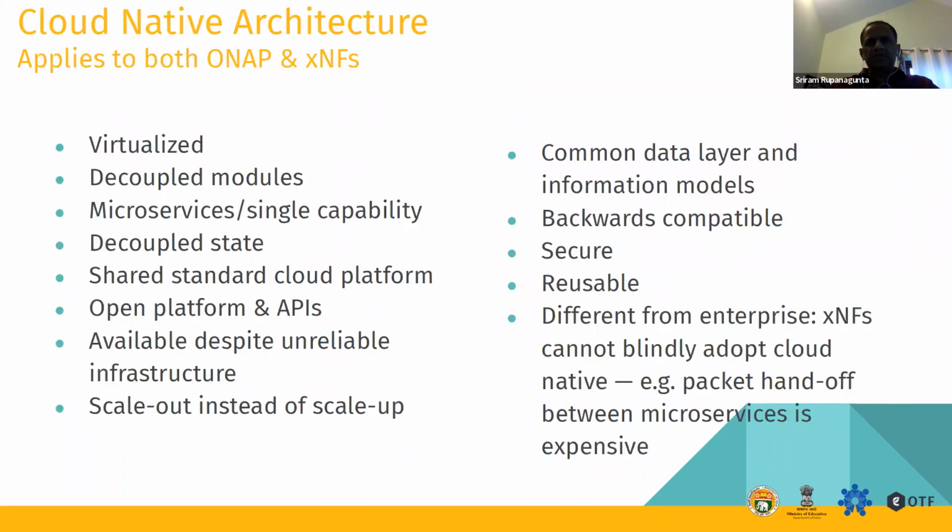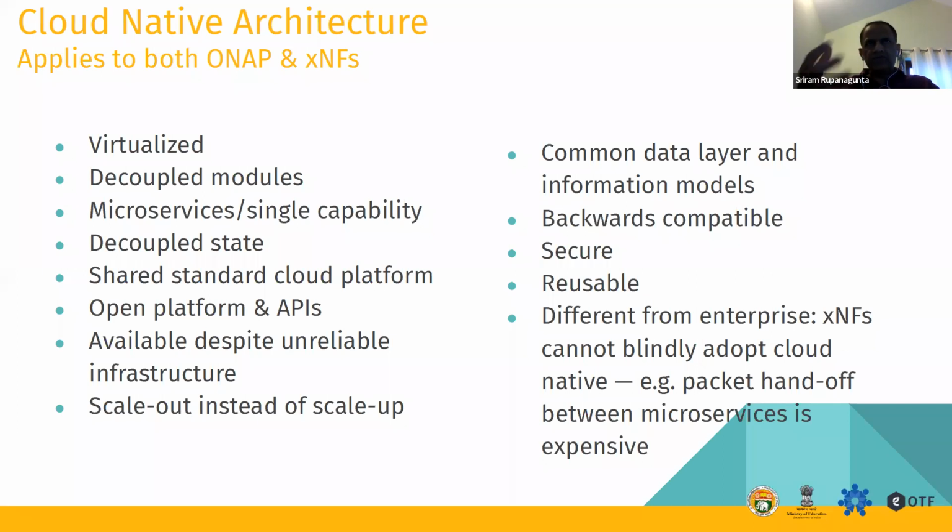And then some of the details of this cloud native architecture, which applies to both ONAP and the XNFs that run on top of ONAP. I will not go into each bullet here, but I'll touch upon the high points. They're all virtualized first of all. All the functions are virtualized.